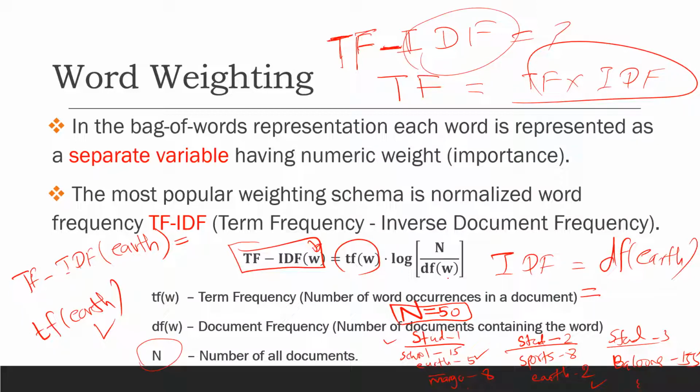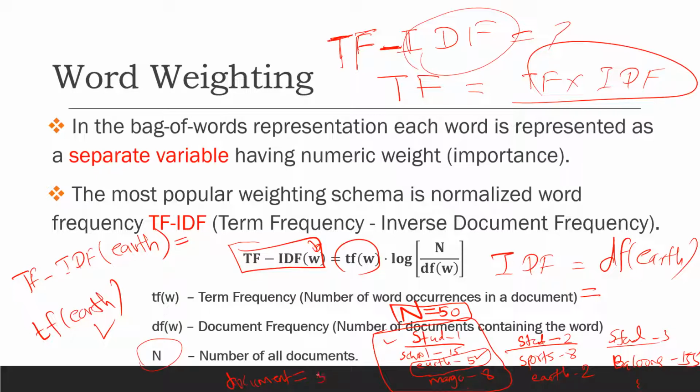So let's say we are calculating the TF-IDF for document 1. Whenever you are calculating TF-IDF for document 1, you need to find out the TF, in the sense term frequency. So the term is earth. Here you can find the earth is located 5 times.